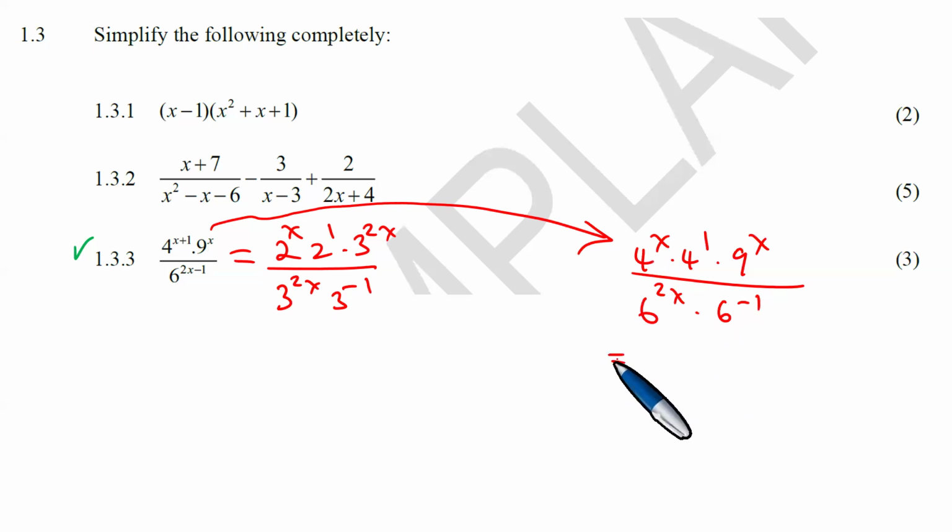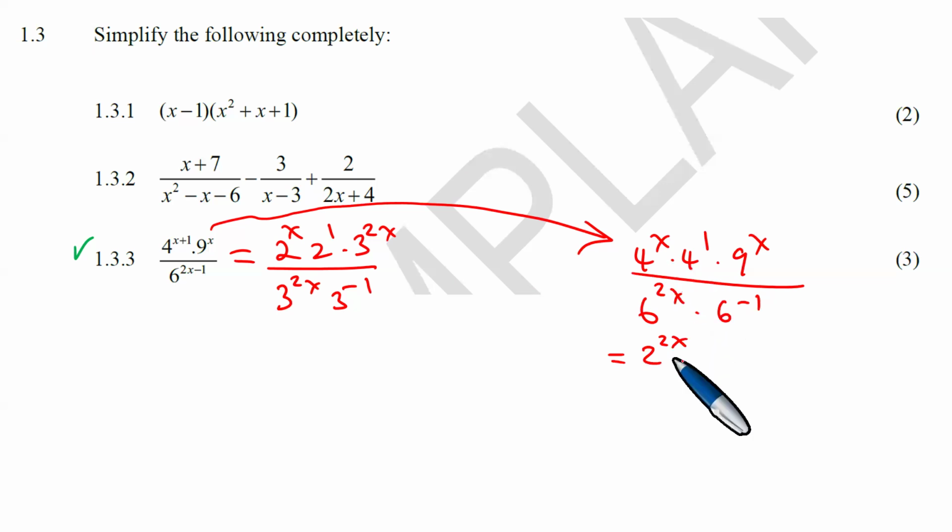Next, after splitting everything that's added, like x plus 1, you separate it like that. There's 2x minus 1, you separate it like that. After this, you can come and do the powers, because 4 is 2 to the 2, but there's x.